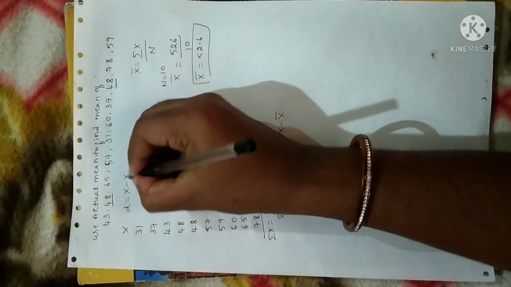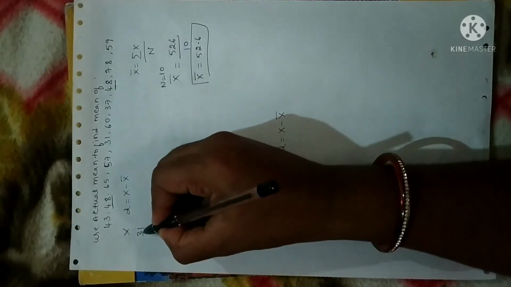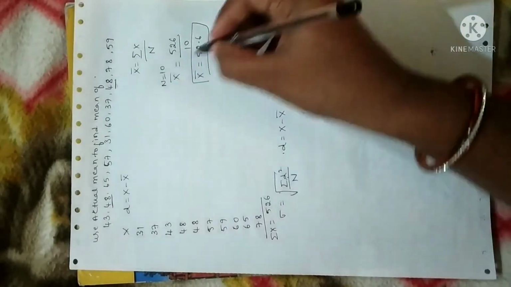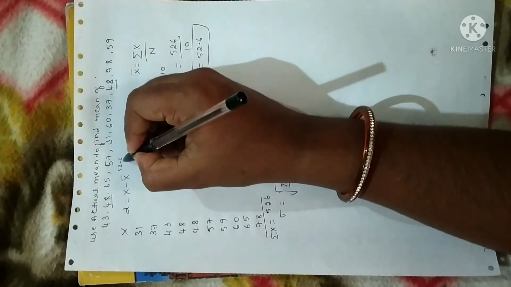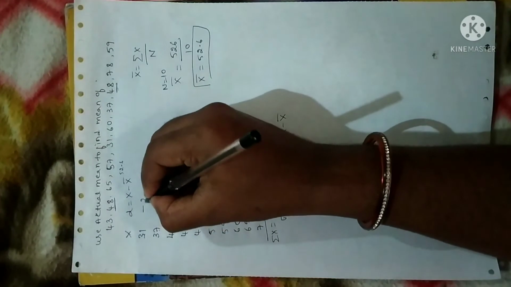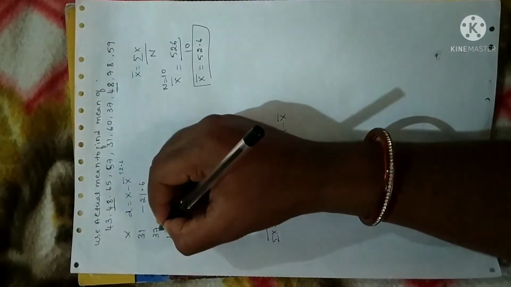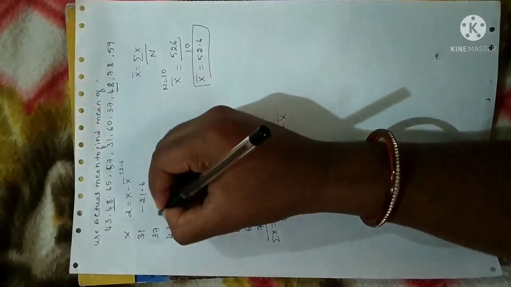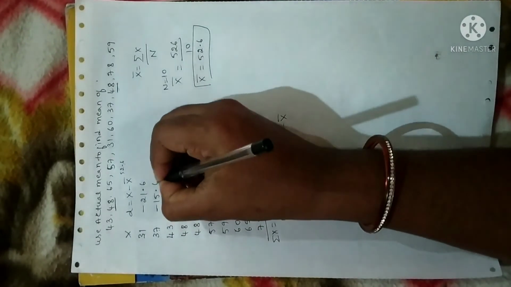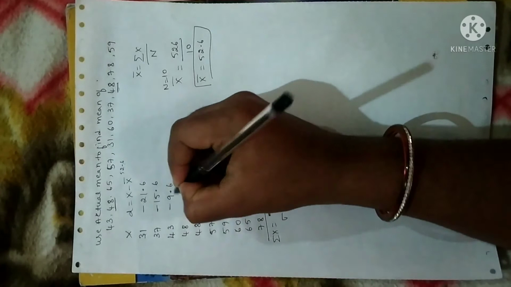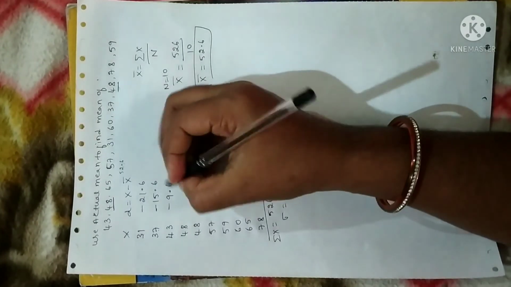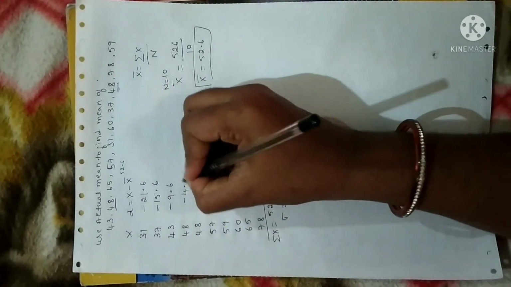It is given by x minus x bar. So 31 minus x bar value, I'll just write here 52.6. So 31 minus 52.6 is minus 21.6. Next, 37 minus 52.6 is minus 15.6. 43 minus 52.6 is minus 9.6. 48 minus 52.6 is minus 4.6.